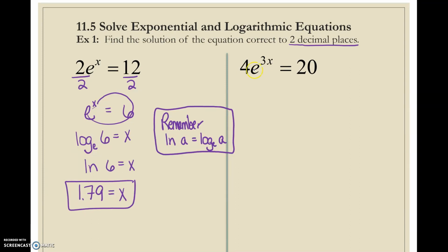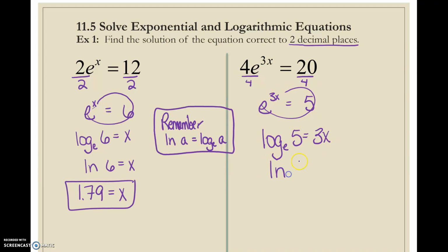Please try this second one, 4e to the 3x equals 20 on your own. Pause the video, give it a shot. Divide both sides by 4. Then we have e to the 3x equals 5. Change forms. Woo! Log base e of 5 equals 3x. Log base e is the same as ln.